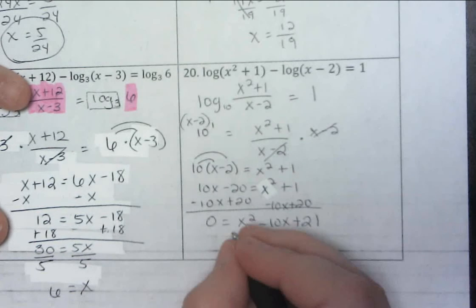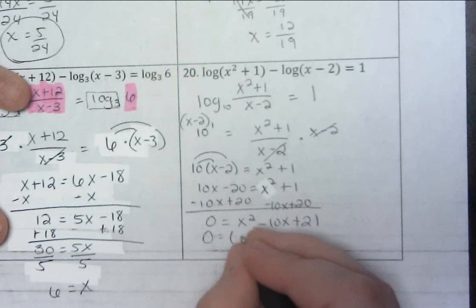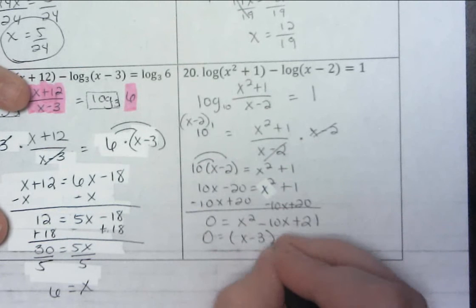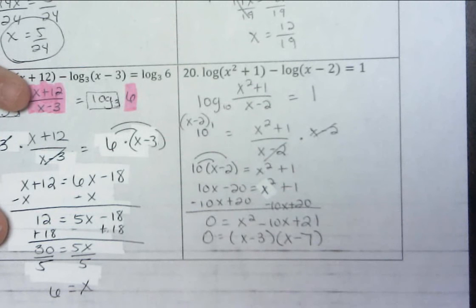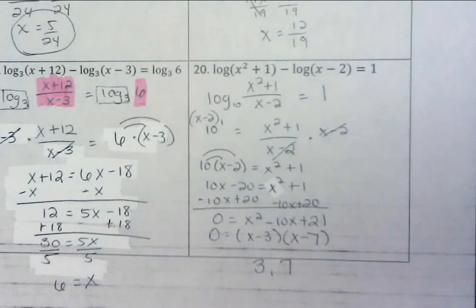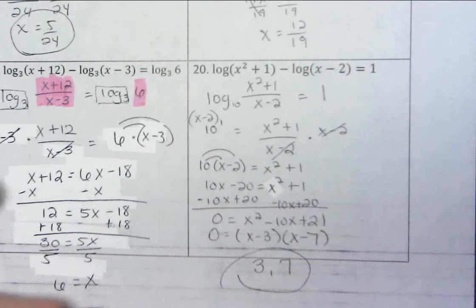So we have (x minus 3)(x minus 7), and we get answers of a positive 3 and a positive 7. So when we plug each of those into our inputs, we notice that both of them give us positives, so both of those are good answers.